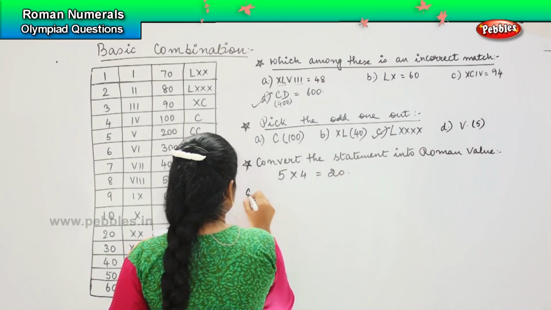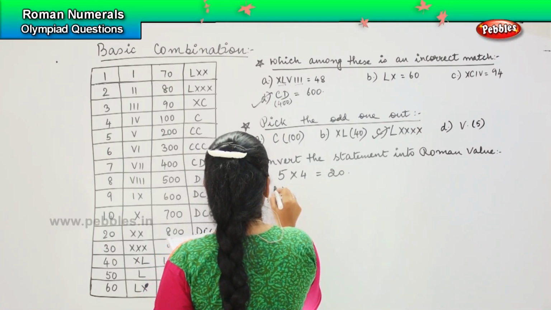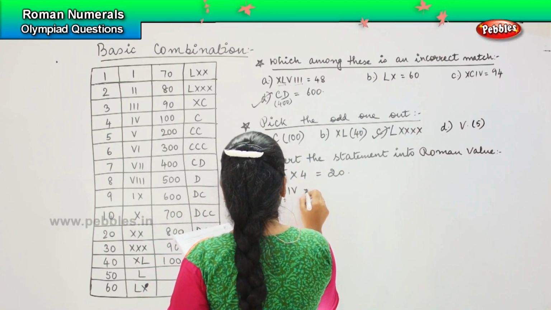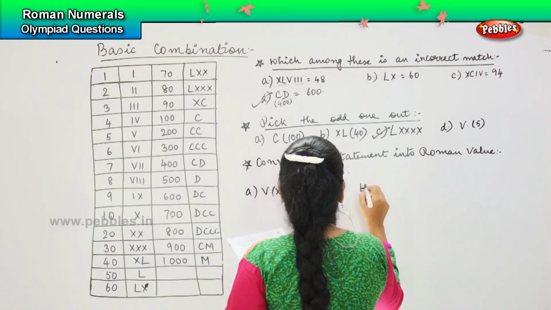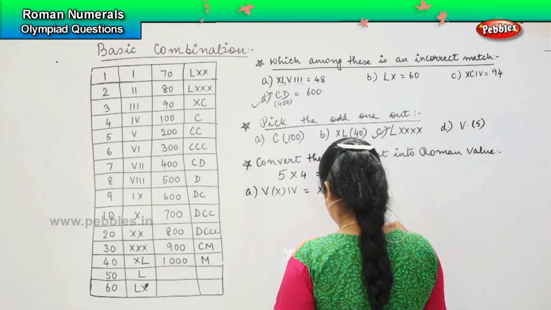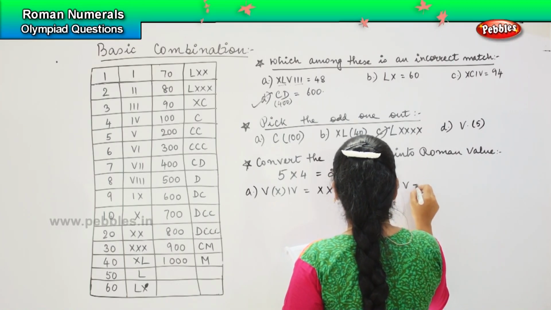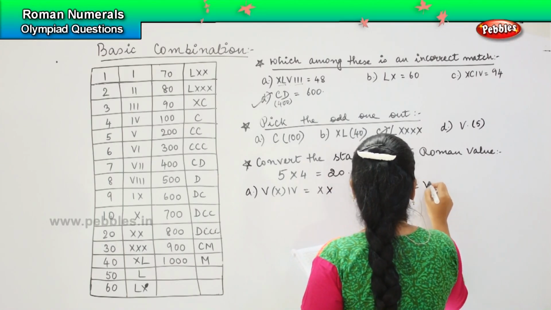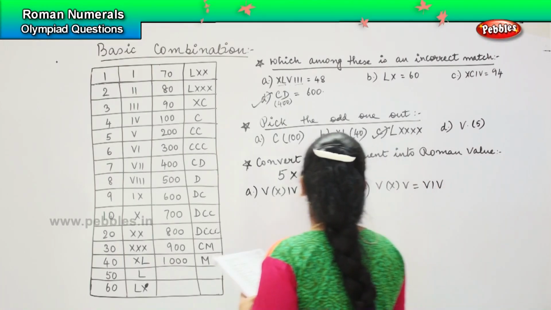The options are option A, V into IV equals to double X. Option B, V into V equals to VIV.